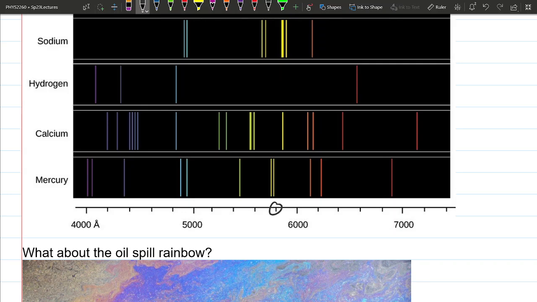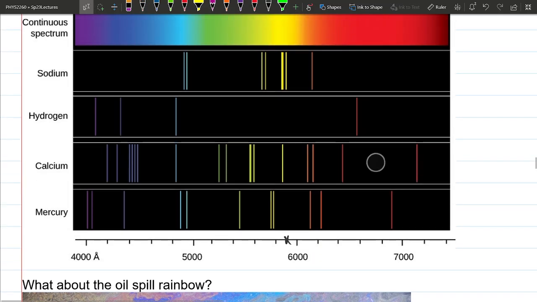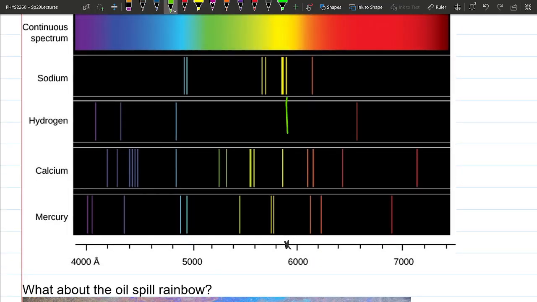So it's around here. Oops, that's 580. So it should be around here. So if you go up, you see that. These are the two wavelengths we were actually looking at, okay? There are actually other wavelengths also that you can see, but this problem only dealt with those two.